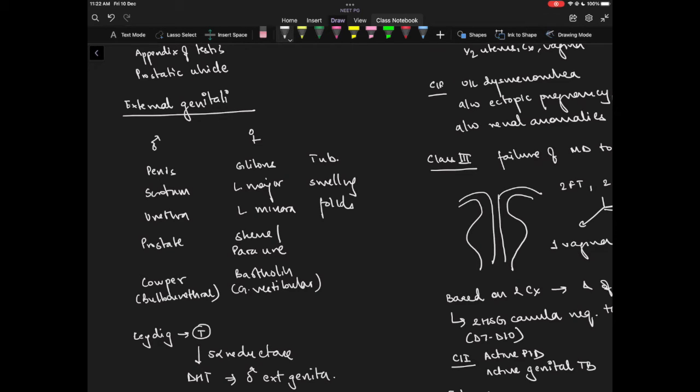Now, in the absence of testosterone in females, it gives rise to the formation of female external genitalia, because testosterone cannot be converted to dihydrotestosterone. So the absence of testosterone or dihydrotestosterone in females gives rise to the female external genitalia.